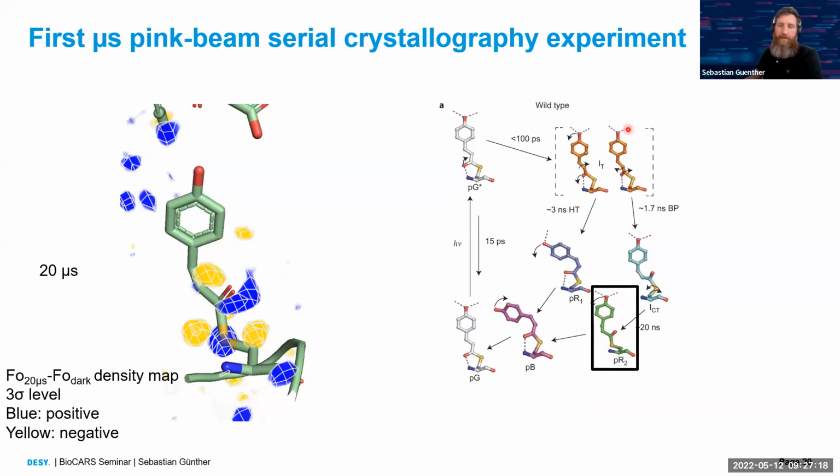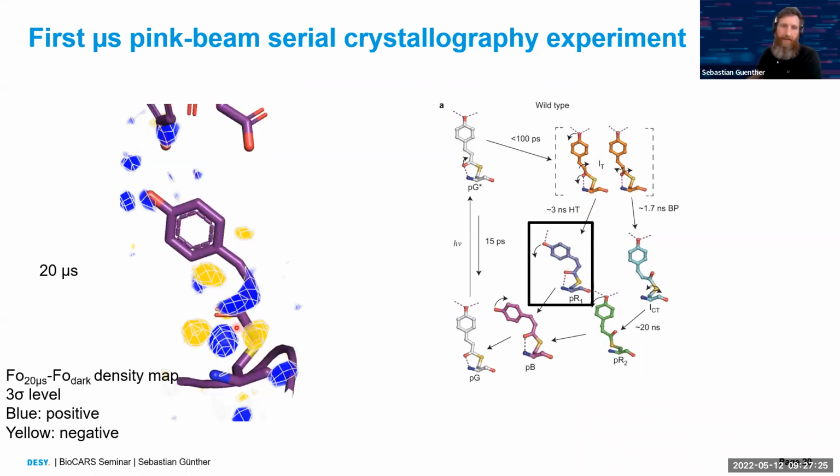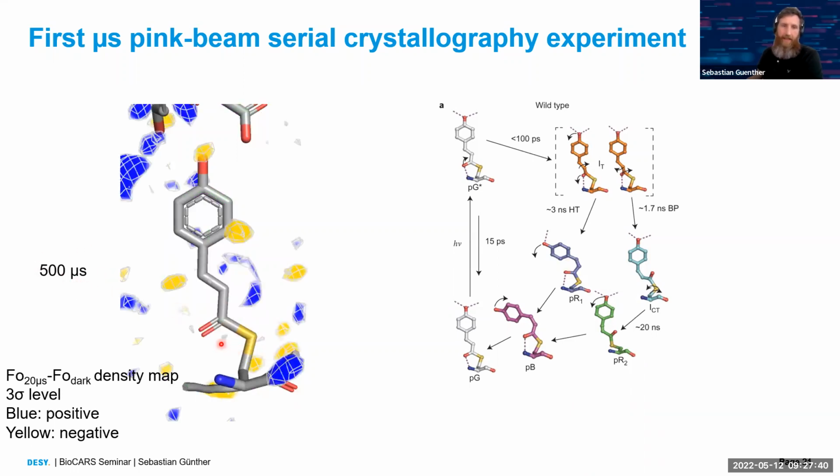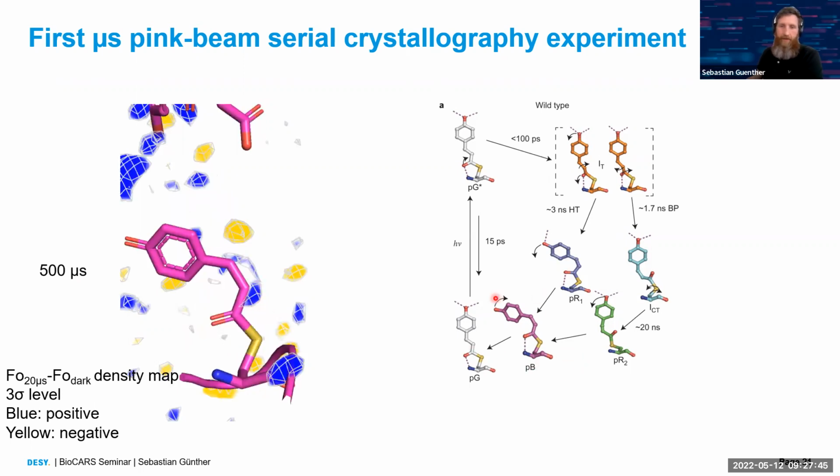But you have two processes running in parallel. There's also this PR1 state. If you look at the electron density for this, there are also some features which might correspond to this PR2 state. So we probably see both states in our electron density maps here. Now looking at the 500 microsecond time point, there are fewer features here, but if you superpose this PV conformation of the chromophore, this would fit well with the PV conformation.